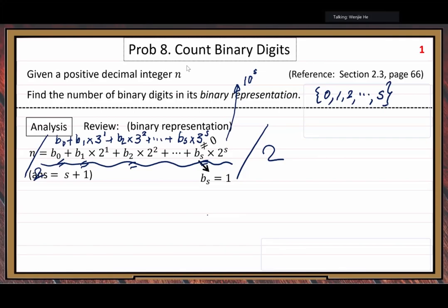Why? The question: what is S? So we know S comes from that most significant bit. But look at the given question. Our input number is only one number n.